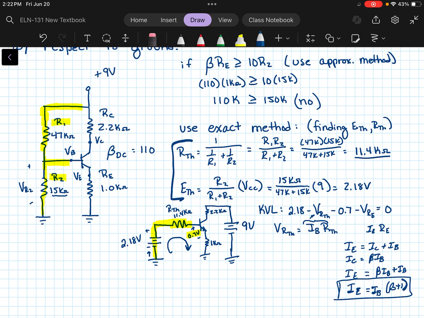We could just assume that IC and IE are pretty much the same and just use beta IB, and that would be fine. However, if you want to be a little more exact about it, I'm just going to say that VRE is beta plus 1 times IB. Let me get a little more room here.